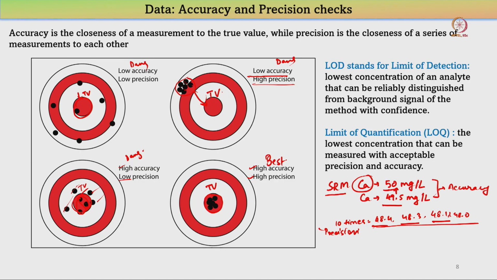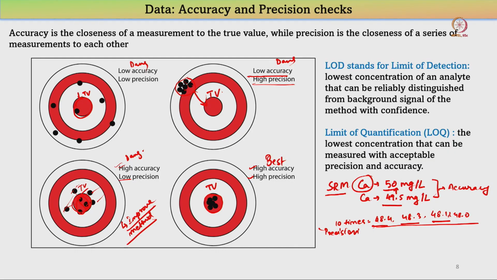Now, in all the other scenarios, specifically this one where there is high accuracy but low precision, you may have to improve your method. Maybe if you improve some instrumentation method, then your values will come inside this circle.